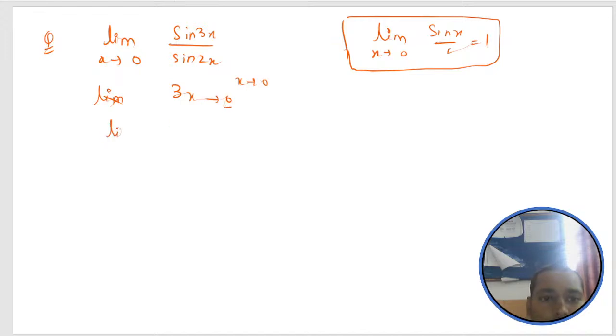So I can write the limit 3x tending to 0 sin 3x upon 3x and into 3x.